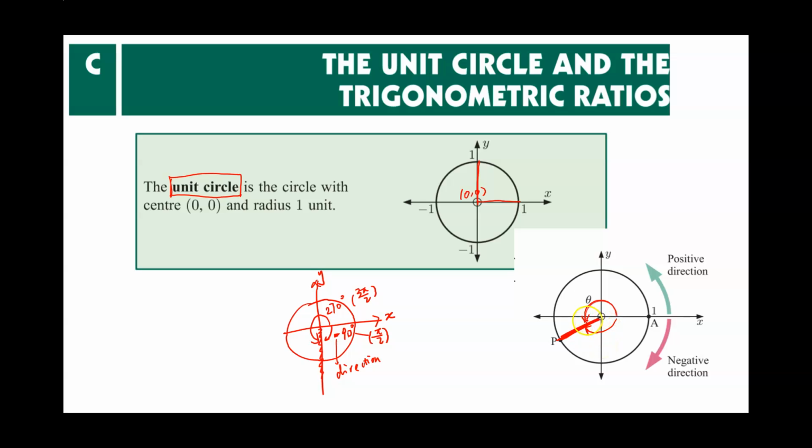You can see that it could actually do infinite rounds. And I can also have a negative angle and rotate again, getting here. So I could keep doing this, and you have infinite possibilities of angles.